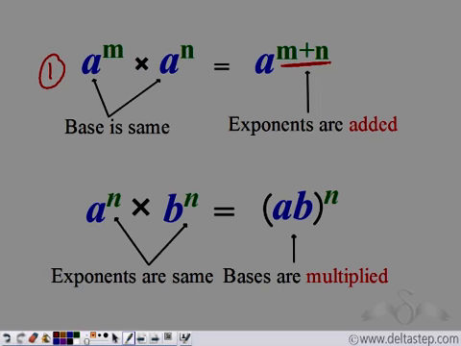But if bases are different, but exponents are the same, this is the second case in which bases are different, but powers are the same. In this case, the bases are multiplied and the exponent remains the same. So when base is the same, the exponents are added, and when exponents are the same, the bases are multiplied. So you should remember it and not confuse between these two.